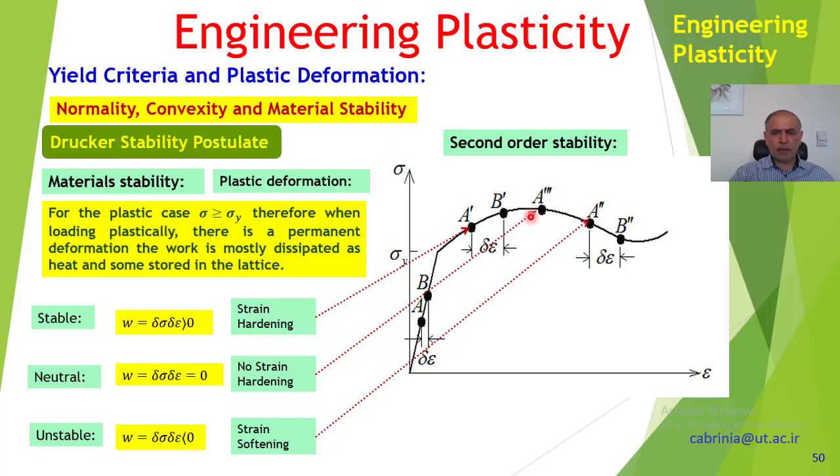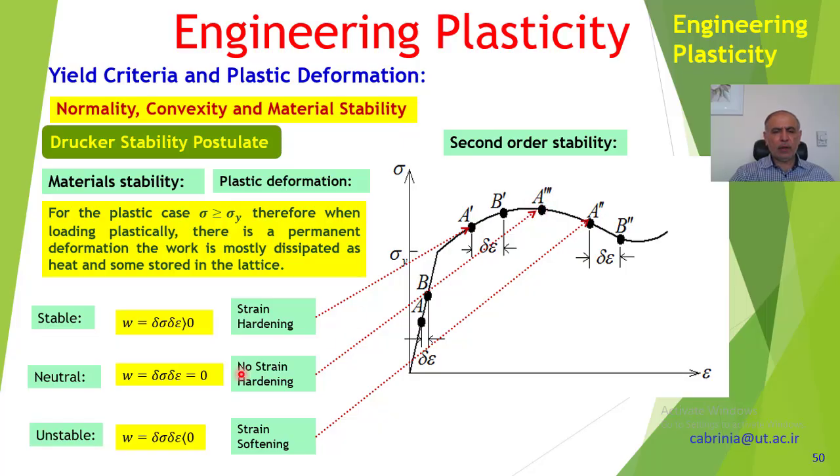And the neutral case is at this place, A triple prime. That is where delta sigma delta epsilon is 0, because it's neither strain hardening nor strain softening. It's a stability point at the top. It's where the necking starts, the start of the necking, end of the strain hardening.